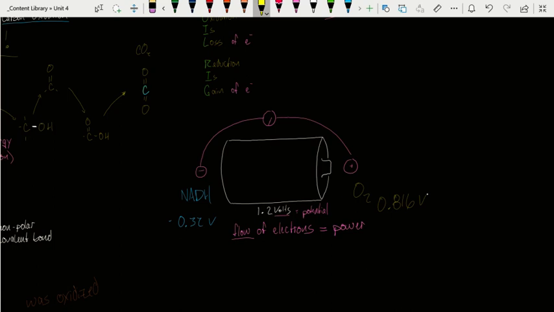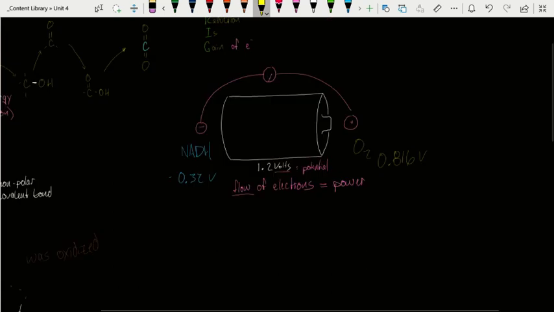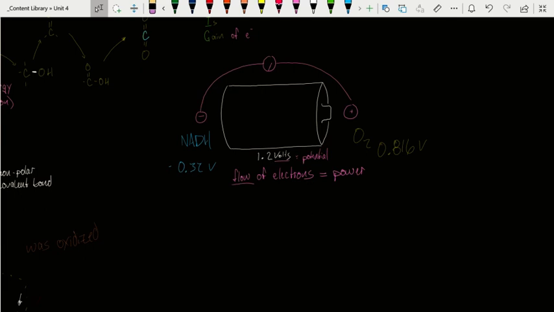With those values, we can actually now calculate the voltage of the electron transport chain inside every single cell in our body. That's right. Every cell in the body has its own little mini battery. And we use that battery just like we use batteries today to do work, to power things. We can calculate the voltage of this battery.